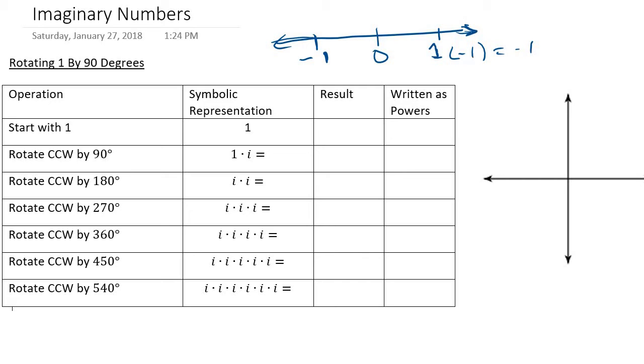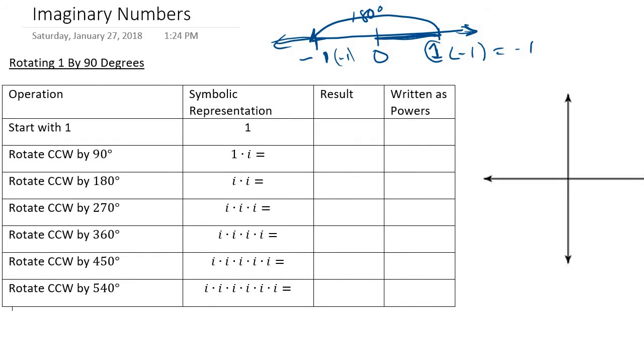So if you think of this in geometric terms, it is really like rotating this little segment right here by 180 degrees counterclockwise. So multiplying by -1 is a rotation by 180 degrees counterclockwise.